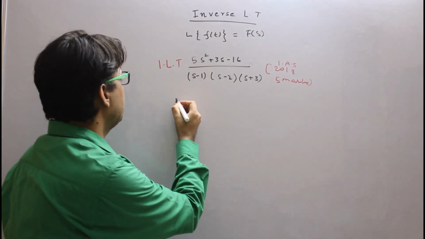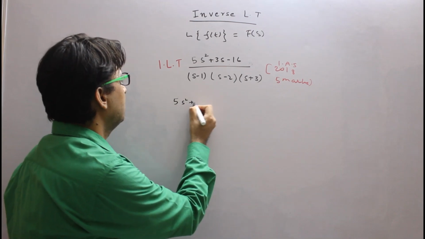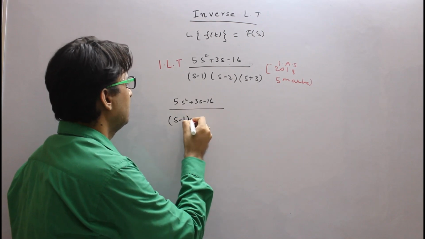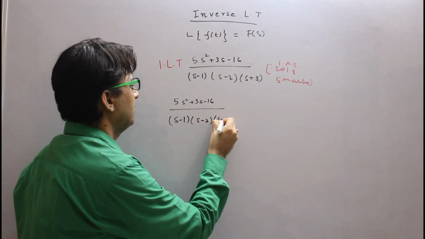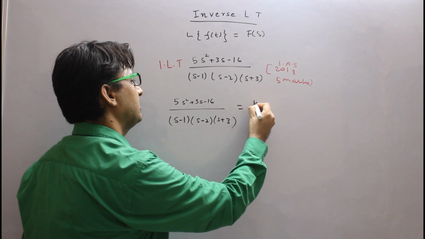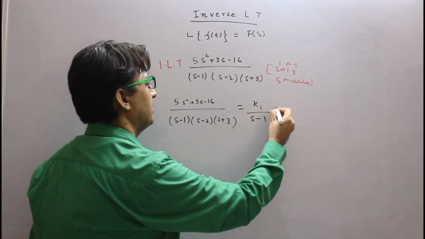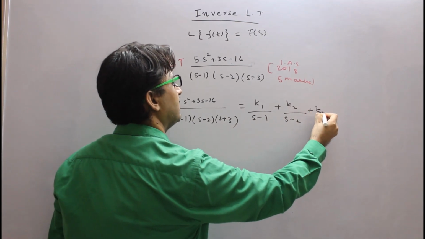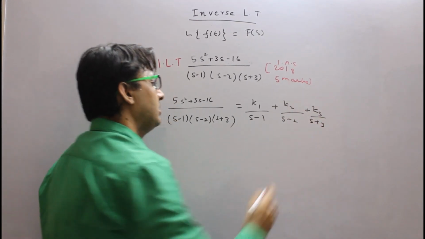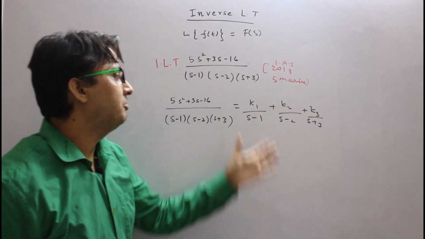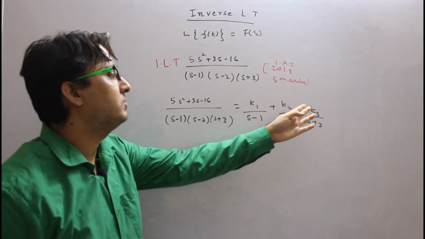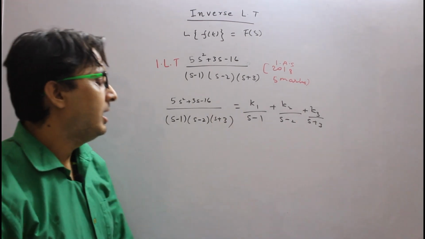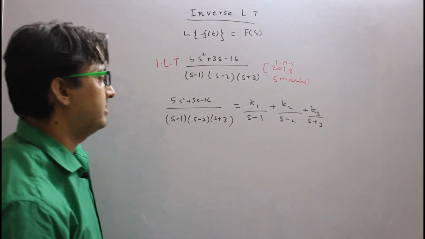So what we will do, we will try to break this into constants, that is k1 by s minus 1 plus k2 by s minus 2 plus k3 by s plus 3. We have resolved into the partial fraction. If we will be able to find k1, k2 and k3 and take the inverse Laplace transform, we are going to get our result. So let's get started with that.